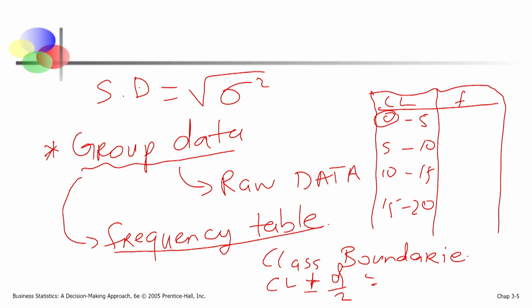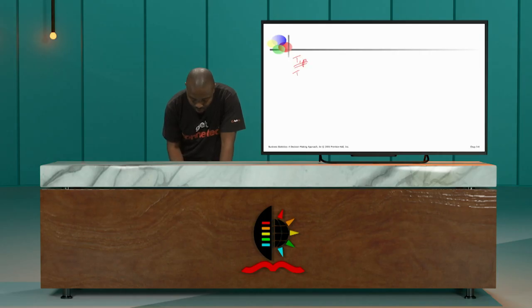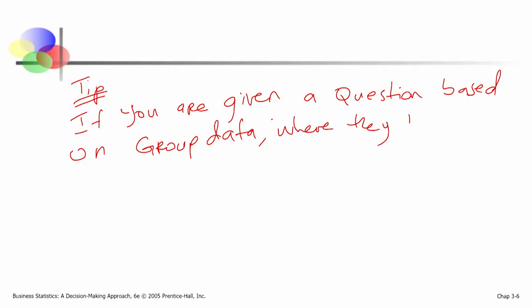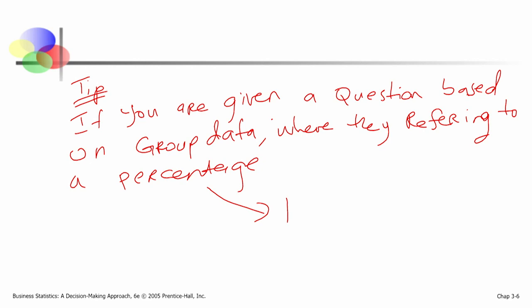Why am I emphasizing this? It's because you need to understand that in the chapter where you're talking about descriptive statistics, this is a tip: if you are given a question based on group data where they are referring to a percentage, you need to use percentiles.